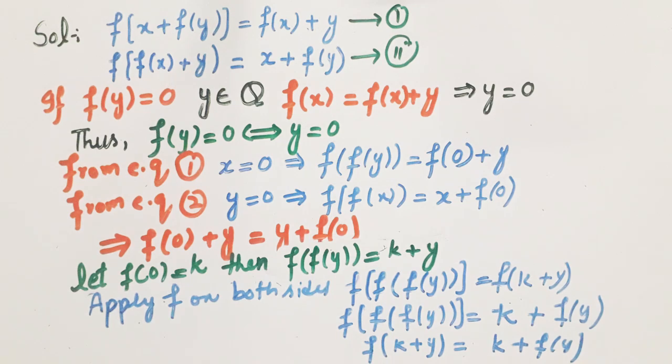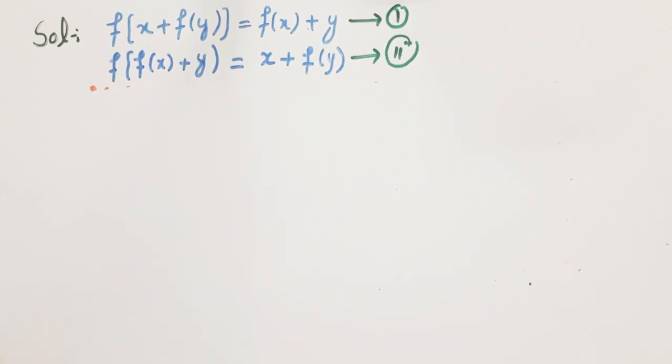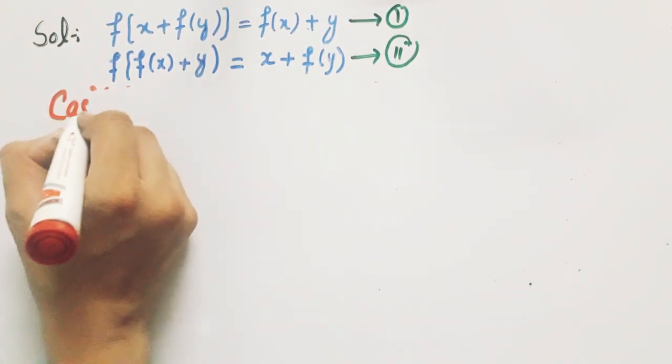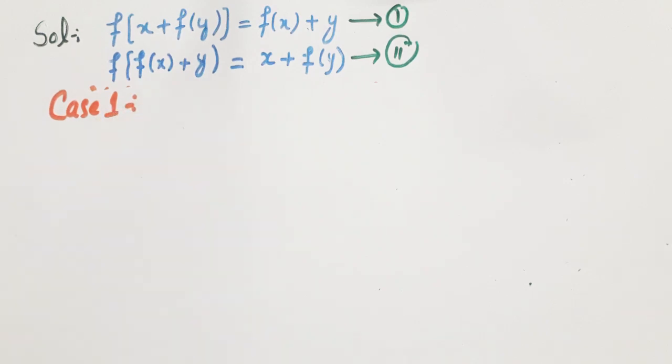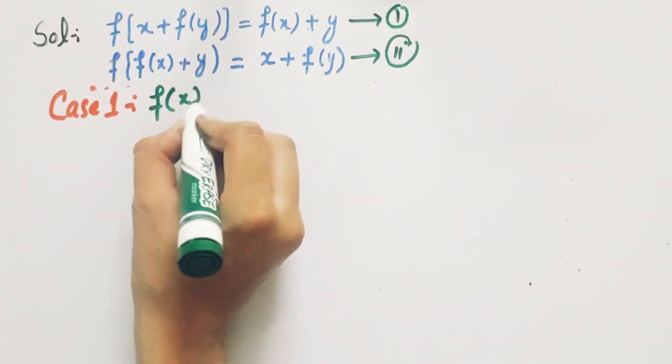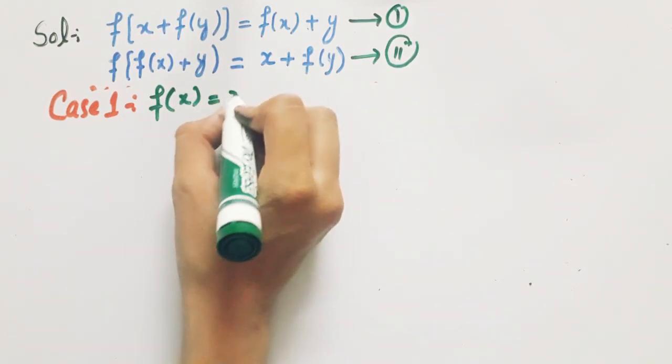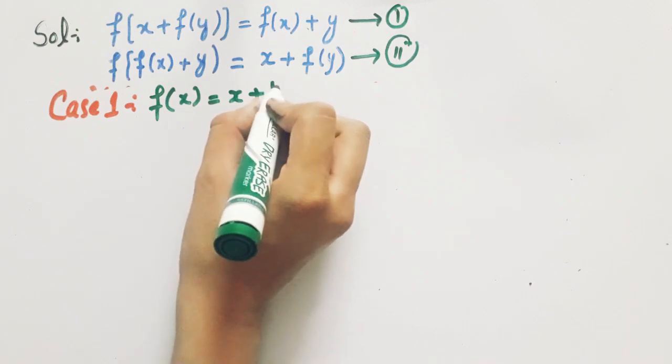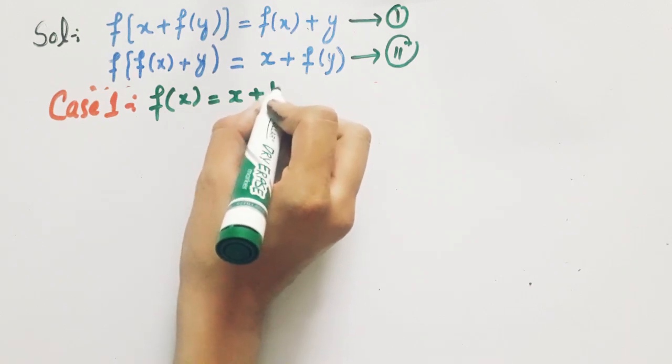Now we will solve another case. Now we have case 1, that is, let's suppose f(x) = x + k. We supposed it.